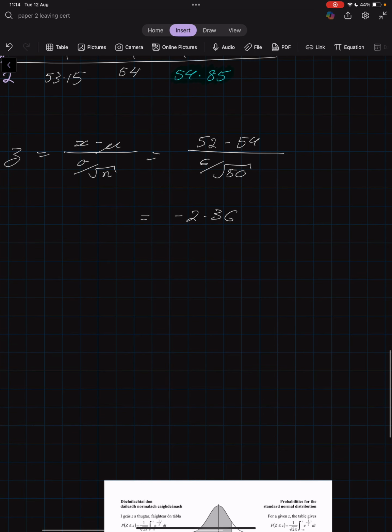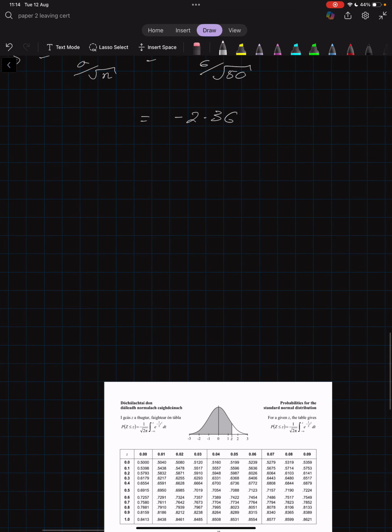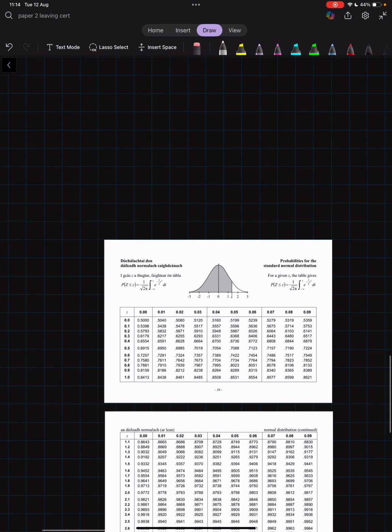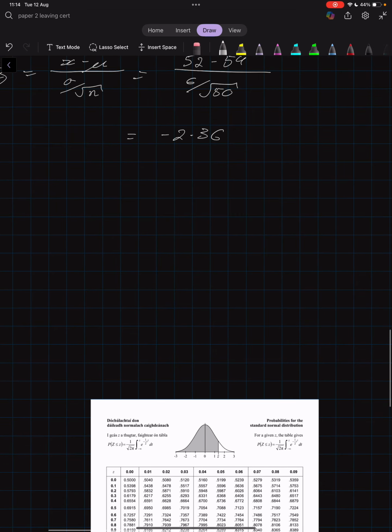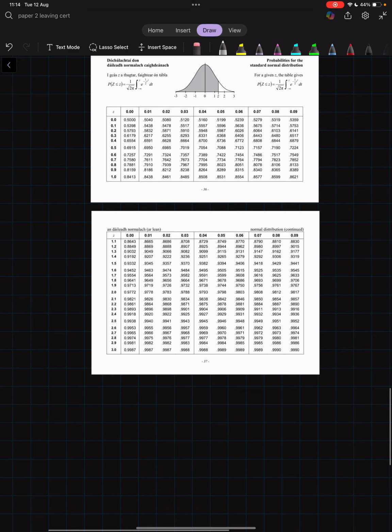Okay, so we have a Z equals minus 2.36. So basically what I want to do is say, okay, grand, so where's 2.36 on this? Remember, if you're looking for a minus Z value, you always just look for the positive. So first of all, 2.3 is here. And then 0.6 is over here.